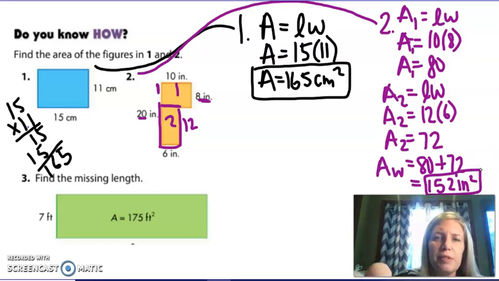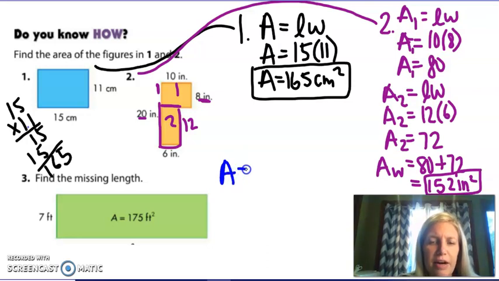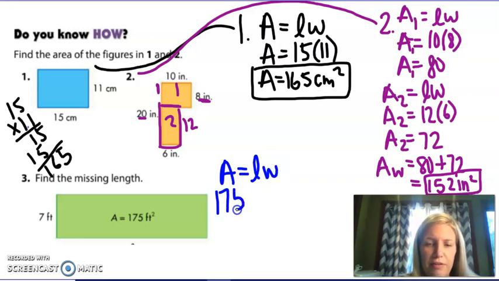Okay, the third shape is also a rectangle. But this time, they're giving us the area, and they're asking us to find the length. So I write my formula, and I fill in what I know. My area is 175, and I know 7, but I don't know my length. So 7 times L. I divide both sides by 7.